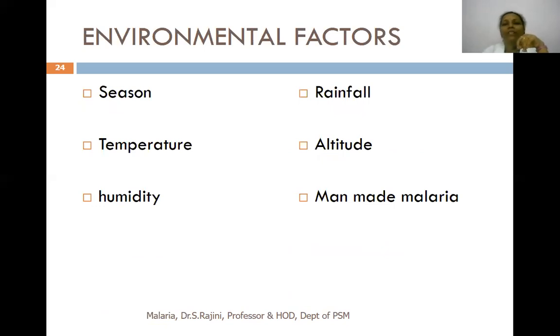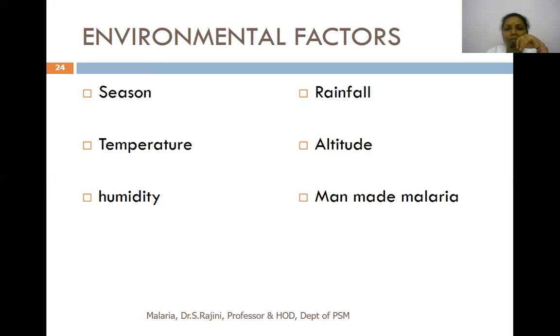So environmental factors. So season. It is more common during the rainy season where there is stagnation of water. More common for the first 6 months, and there is heavy rainfall or stagnation of water present throughout the year. So season is very important. And temperature. So normal temperature, humidity, and more rainfall.